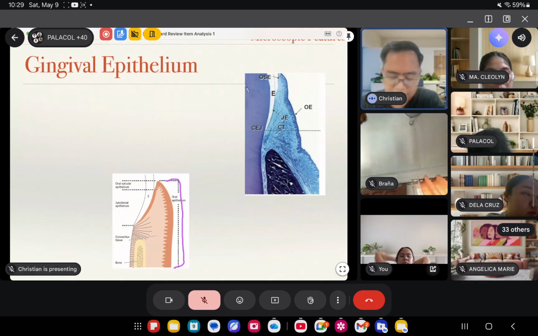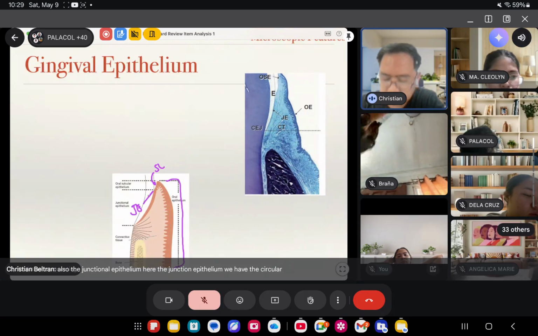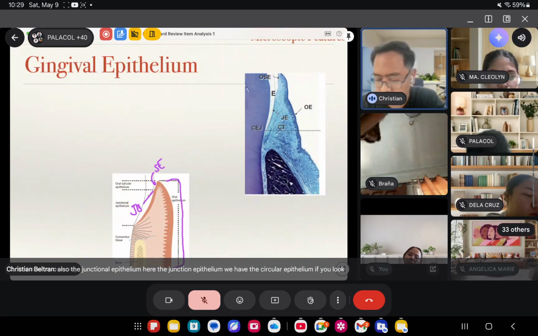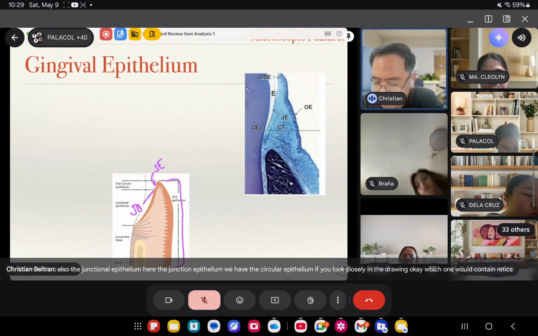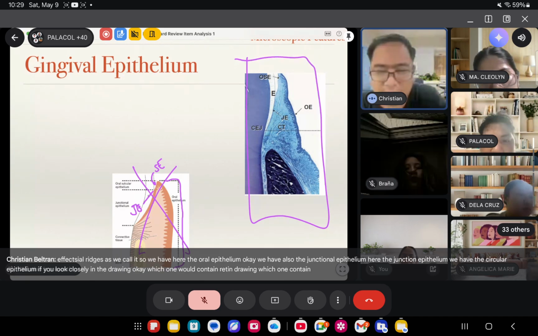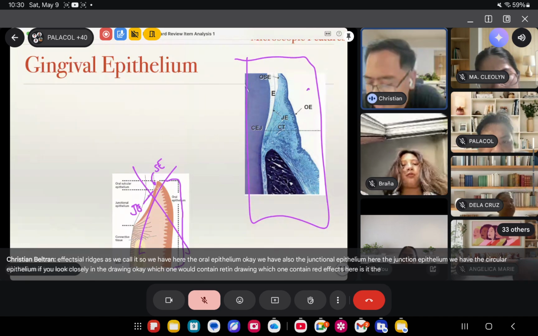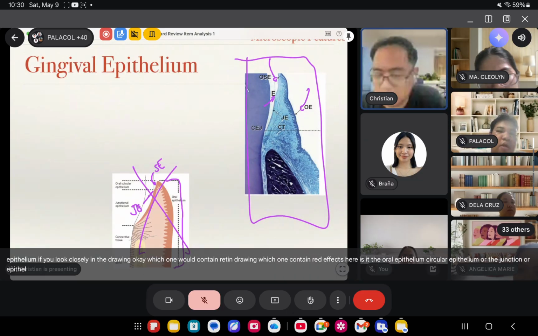We also have the junctional epithelium here, and the sulcular epithelium. If you look closely at the drawing, which one would contain rete pegs? The drawing is wrong, don't look there. Look here. Which one would contain rete pegs: the oral epithelium, sulcular epithelium, or the junctional epithelium?